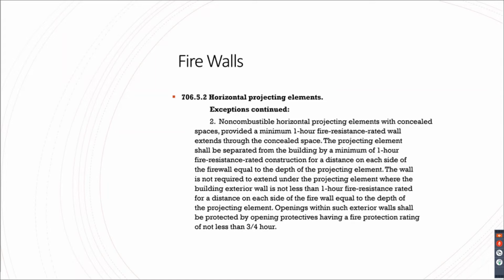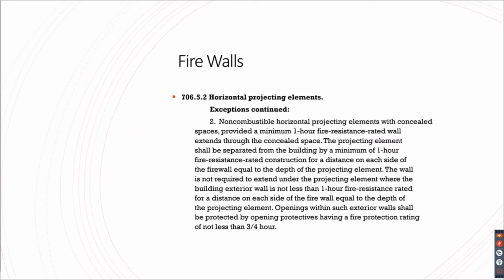Exception number 2, non-combustible horizontal projecting elements with concealed spaces, provided a minimum 1 hour fire resistance rated wall extends through the concealed space. The projecting element shall be separated from the building by a minimum 1 hour fire resistance construction for a distance on each side of the firewall equal to the depth of the projecting element.